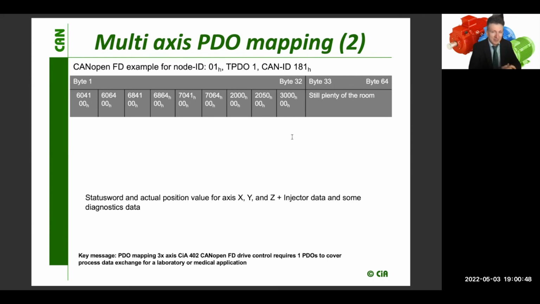There is still plenty of space remaining, and it can be used for some kind of diagnostic information, maybe even for each axis or whatever it might be. This is not standardized, neither for classic CANopen nor for CANopen FD. It's just my example to show you what is possible.